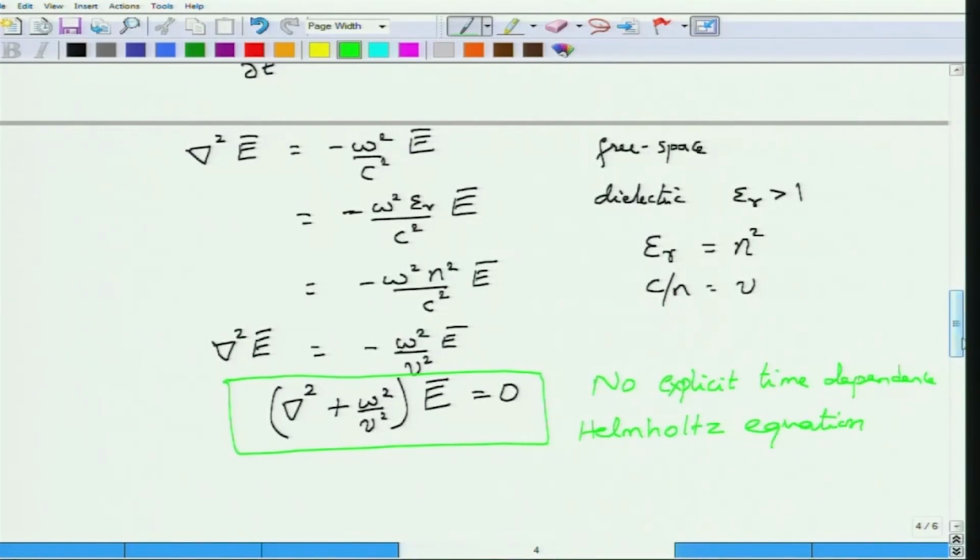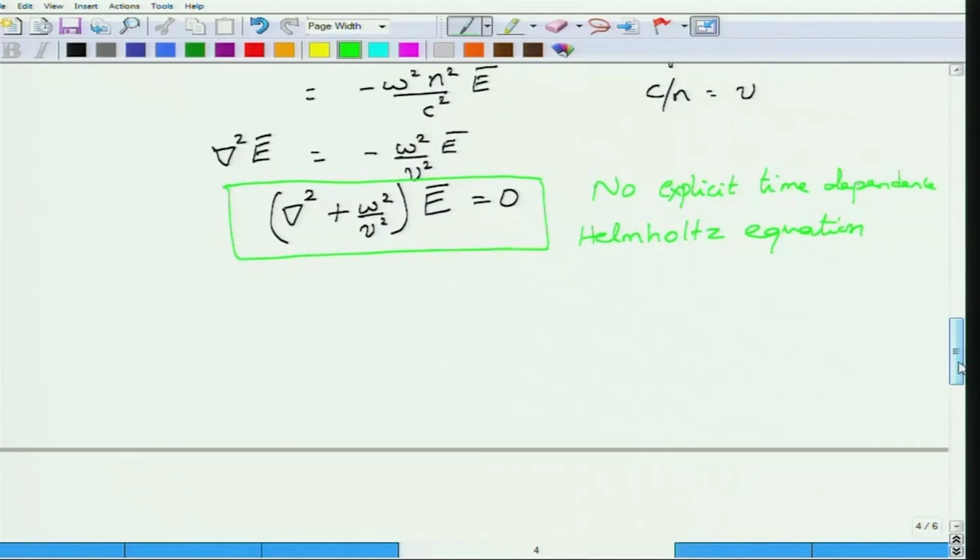This equation is in many cases preferred rather than the original time equation, at least for analytical cases, but for numerical cases you might want to go back to the original equation itself. So this is the Helmholtz equation, and we will now look at what possible solutions for this Helmholtz equation can exist.